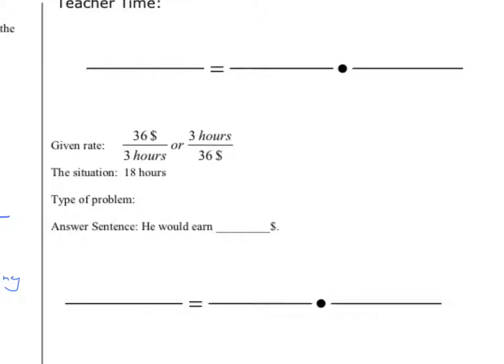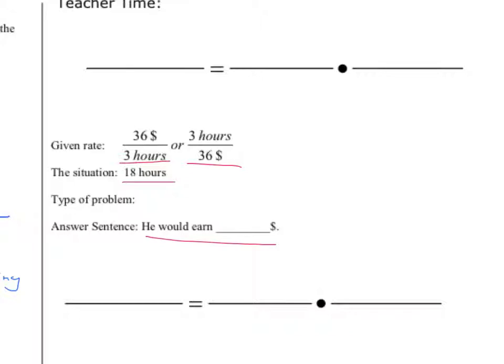So I've written that rate 2 different ways. $36 for 3 hours of work, or in 3 hours of work he makes $36. It's the same thing. Situation here, so the question's asking me, if he works 18 hours, how much money would he earn? So they've given us all of the information that we need here, kind of already pulled out of a word problem. So super simplified.